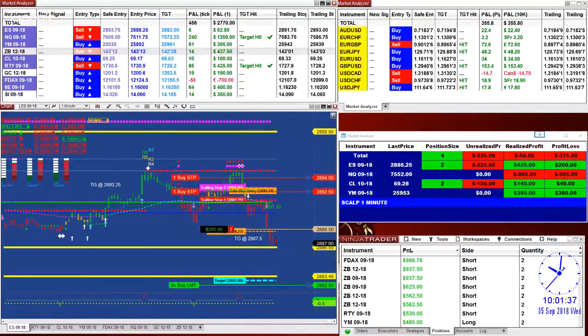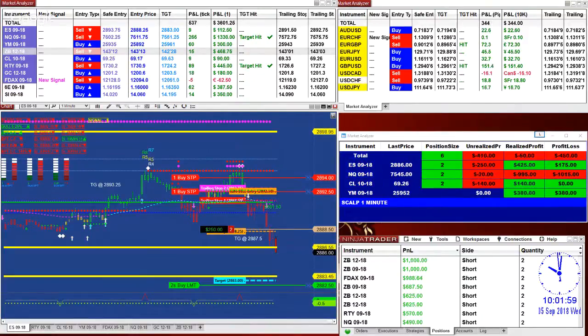We show you good trades and bad trades. You have to see everything. So right now you can see the scalper getting in a lot of trouble on the 1 minute, and also on the 150 ticks. Let me try to bring you the 150 ticks.